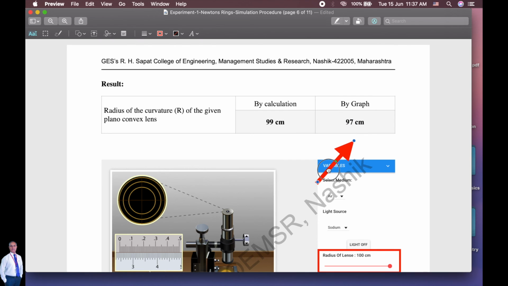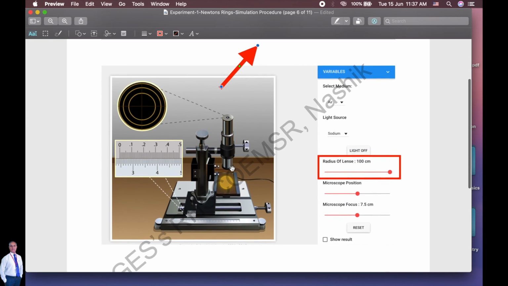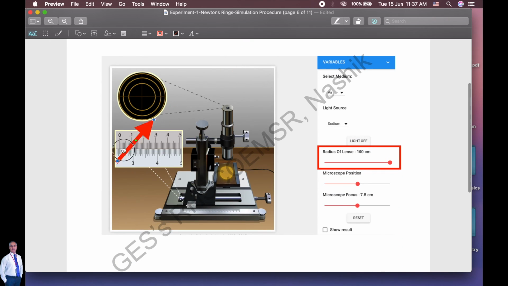This is the radius of curvature of the plano convex lens using the simulation. For confirmation, this is the screenshot at the center. If you look here, the selected medium is air, the light source is sodium, light is turned on, and the radius of lens selected is 100 centimeter.